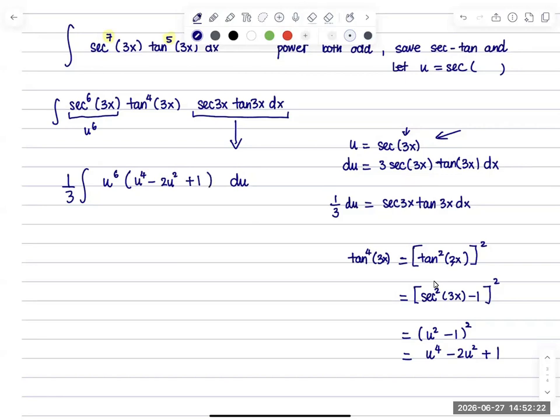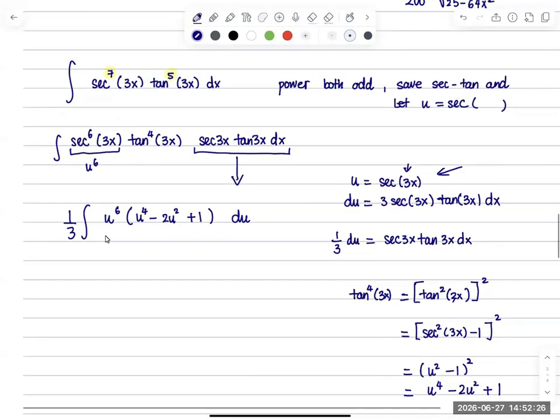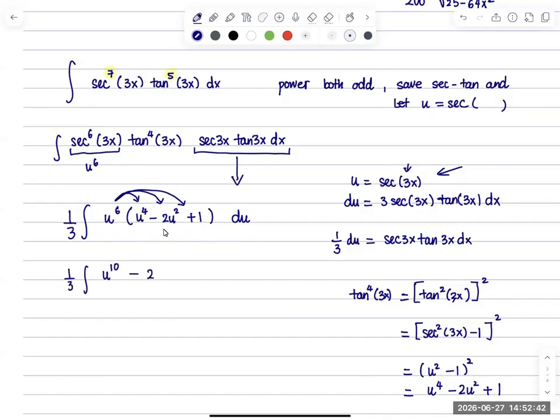So now we've turned our integral of a trigonometric function into an algebraic function that is easy to integrate. The last step before integrating is to distribute. So I have 1/3 times u to the power 10 minus 2u to the power 8 plus u to the power 6 du. We're going to integrate this.